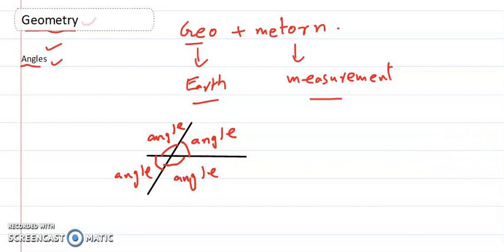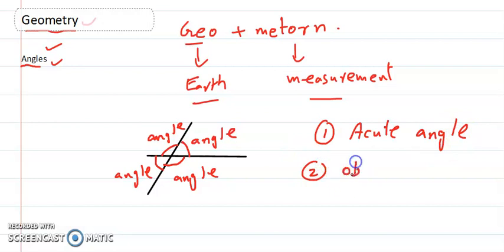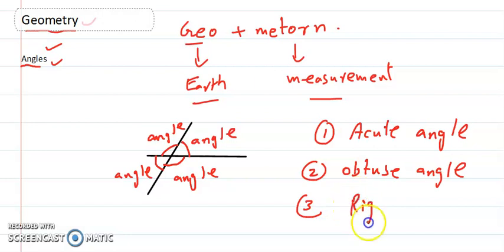There are different types of angle, like acute angle, obtuse angle, and the third type that we have to take at this level will be a right angle.